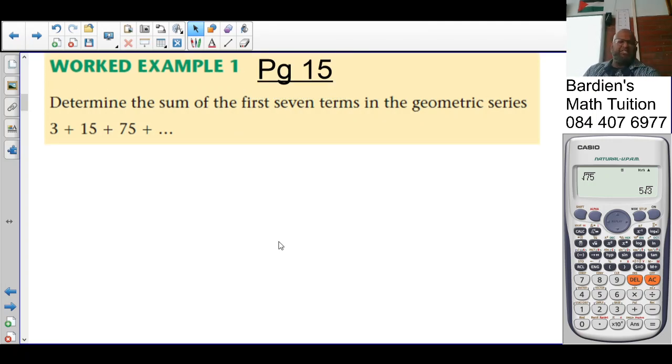The question says, determine the sum of the first 7 terms in the geometric series. Who can remember the formula we proved yesterday?